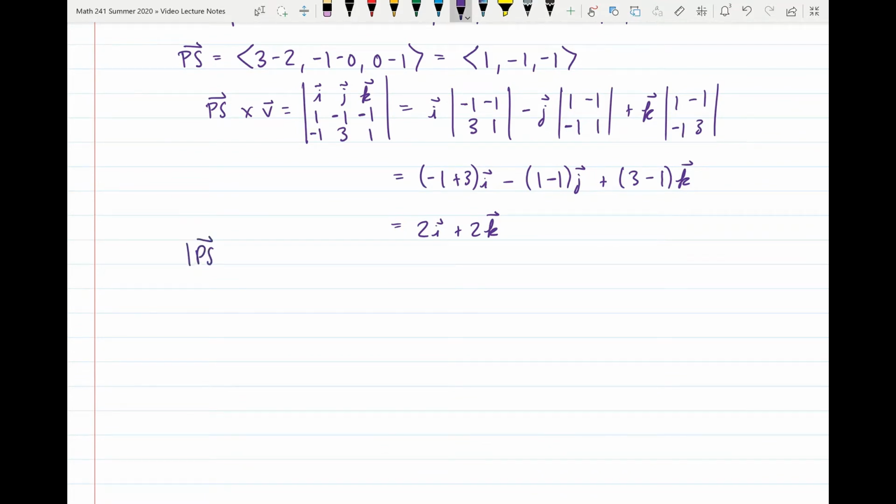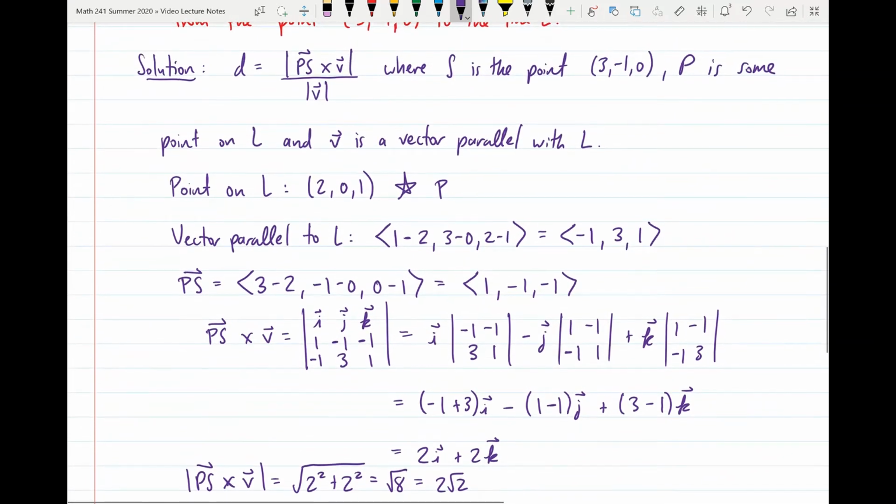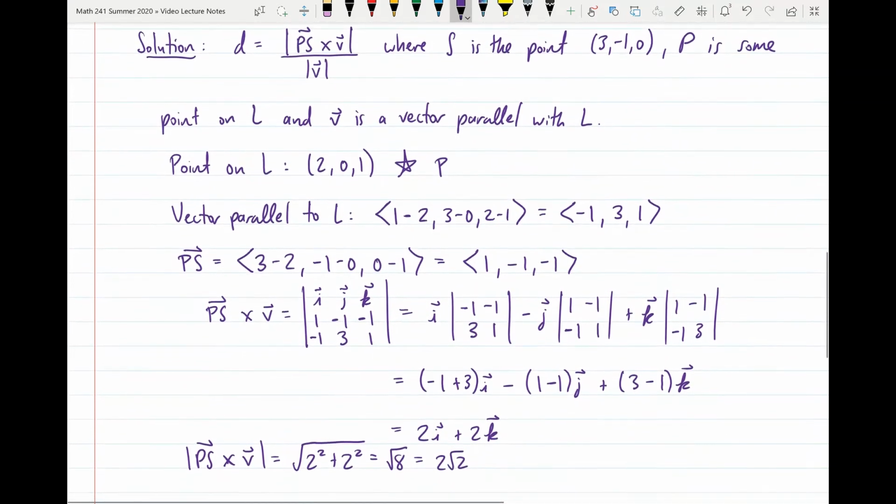So the magnitude of the cross product of PS with V is equal to the square root of 2 squared plus 2 squared, which is equal to the square root of 8, or 2 times the square root of 2. So that gives us the numerator for the formula giving us the distance.